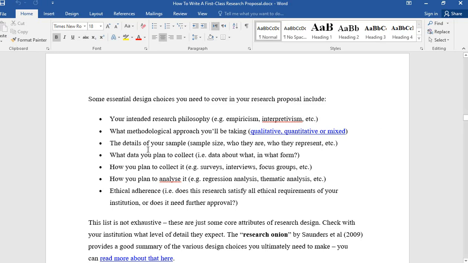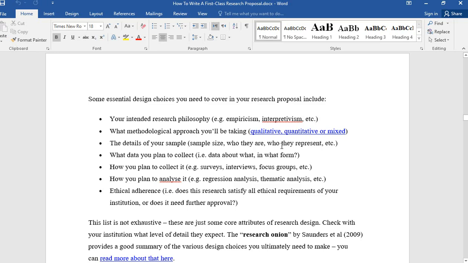The details of your sample. Here in the research design or methodology of the proposal, you have to talk about the details of your sample. And the details of sample includes sample size, how many students, for example. In this study, about 100 students are going to take part, or 30 or 60 teachers are going to take part.